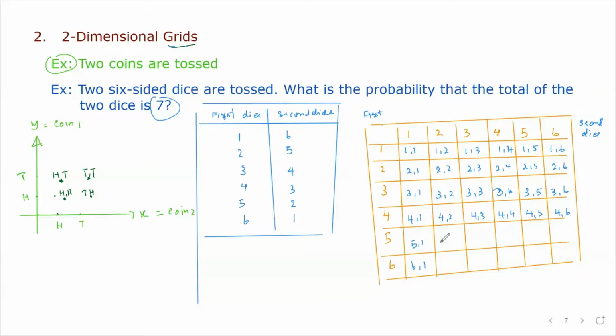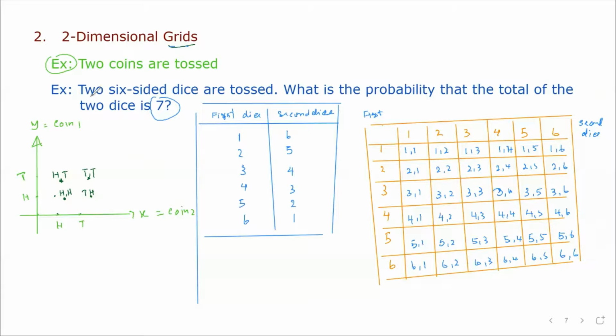This one is going to be 5 2, 5 3, 5 4, 5 5, 5 6. Also next, 6 1 already, 6 2, 6 3, 6 4, 6 5, and 6 6.